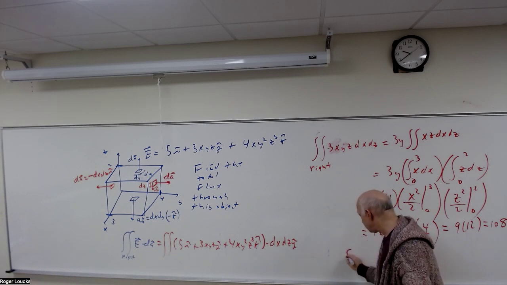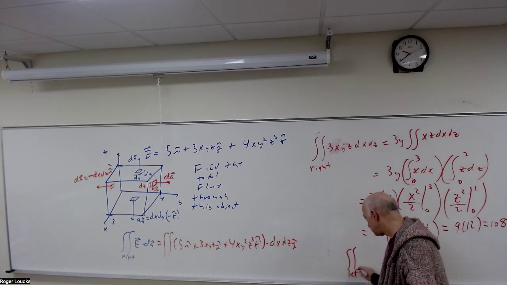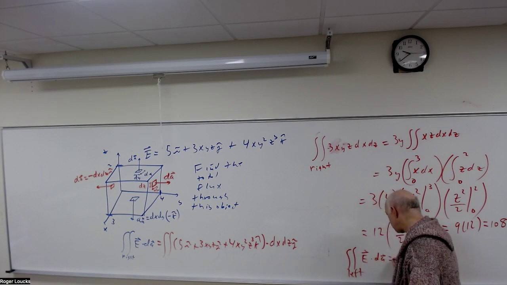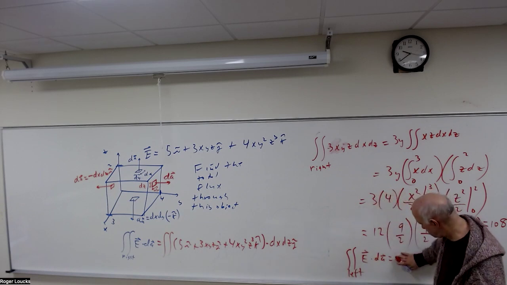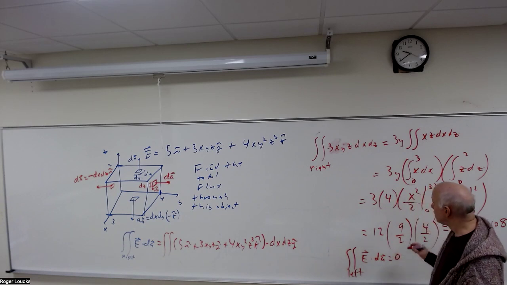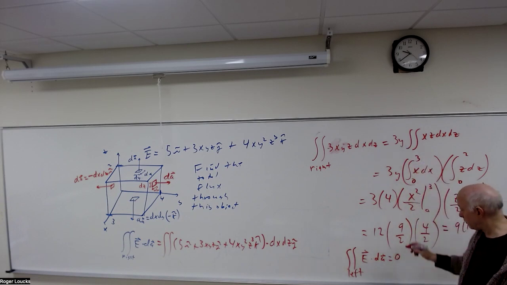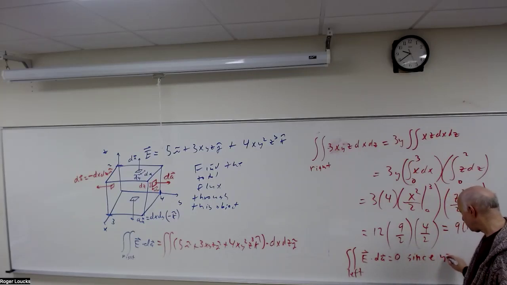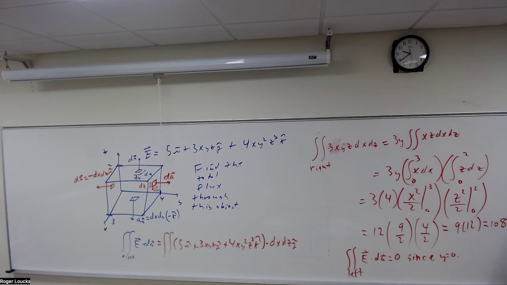I can say then that this right here to the left equals 0. The reason it's going to equal 0 is because y equals 0. Make sense?